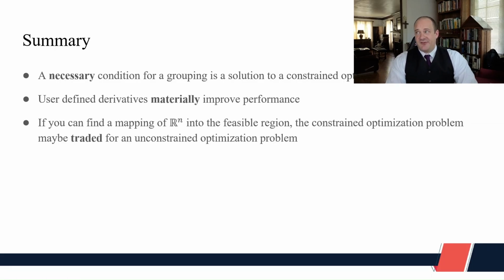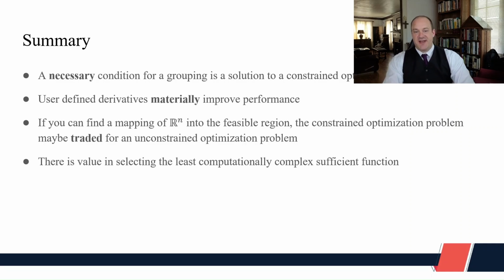Moreover, sometimes, if you're lucky, you can find a mapping of all of Rn into the feasible region, and that allows you to trade your constrained optimization problem for an unconstrained optimization problem. Moreover, if you're willing to consider different ways to accomplish the same thing, there is value in selecting the least computationally complex function that, in fact, does that.